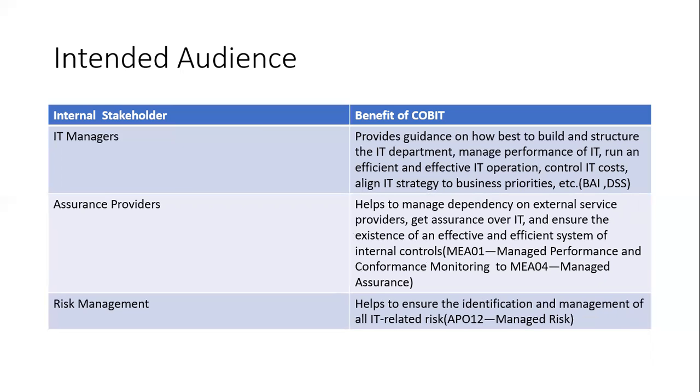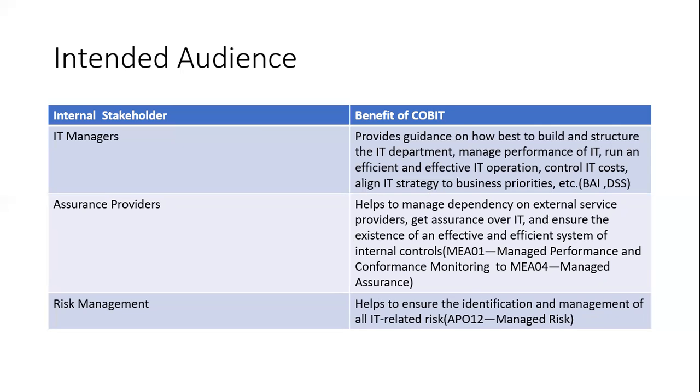COBIT can help IT managers by providing guidance on how best to build and structure the IT department, manage performance of IT, run an efficient and effective IT operation, control IT costs, and align IT strategy to business priorities. If I'm the head of a data center or a CIO, I can use COBIT to set up IT operations. Remember your DSS.